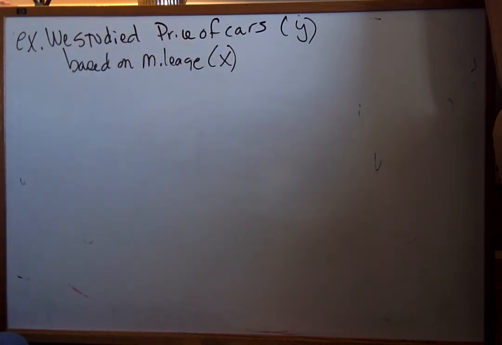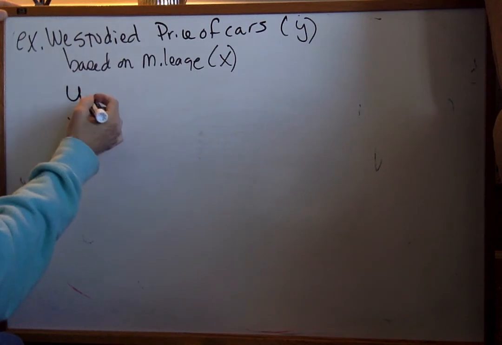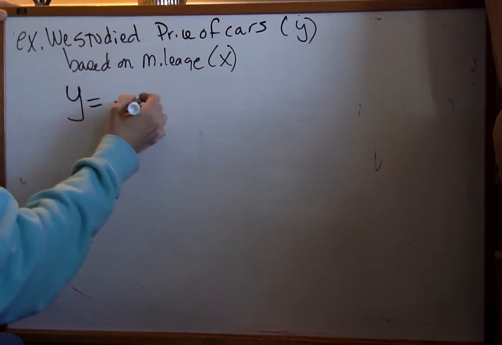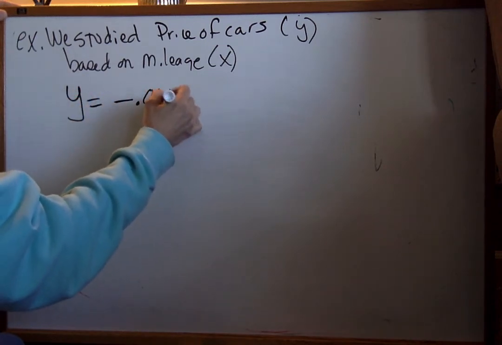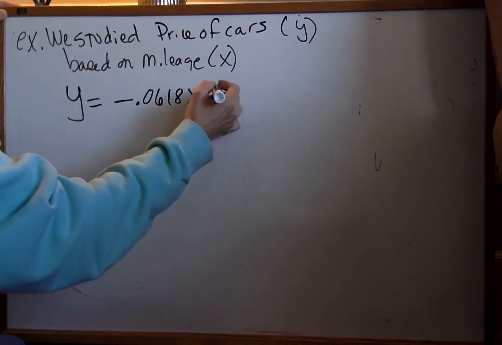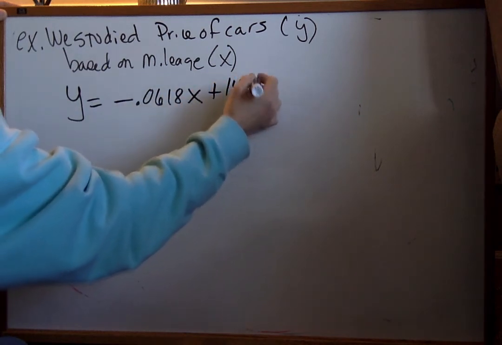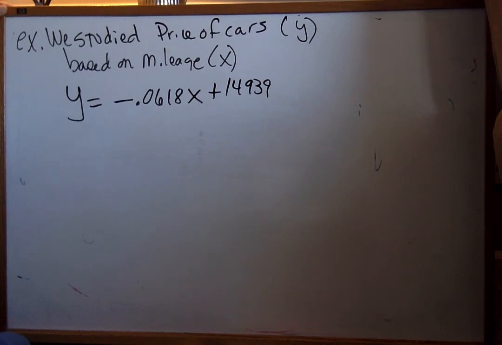The mileage on the odometer was X and the price of the car was Y. And this was one student's formula. Just like we did the circumference and diameter activity, they had to do the activity with price and mileage.